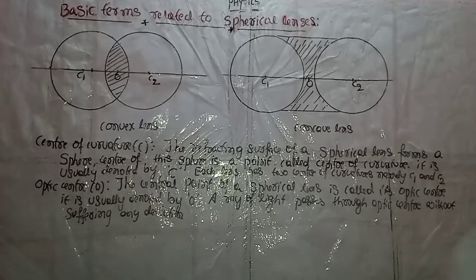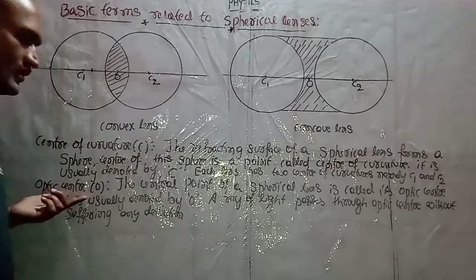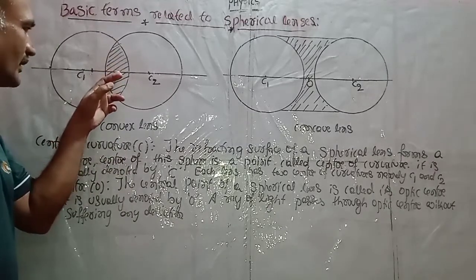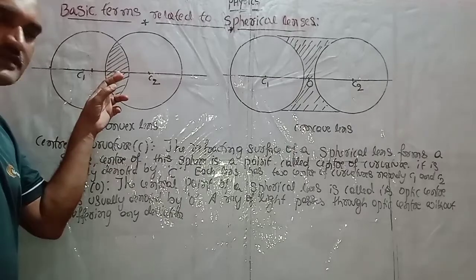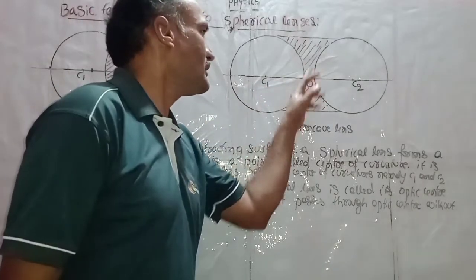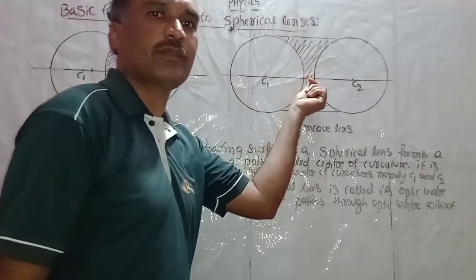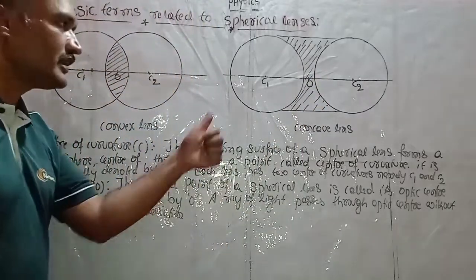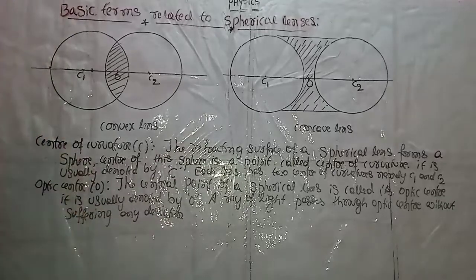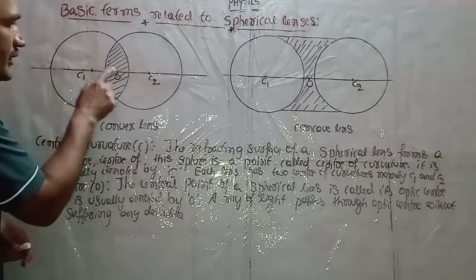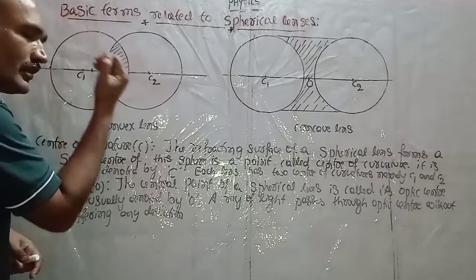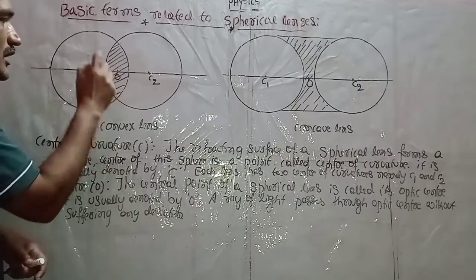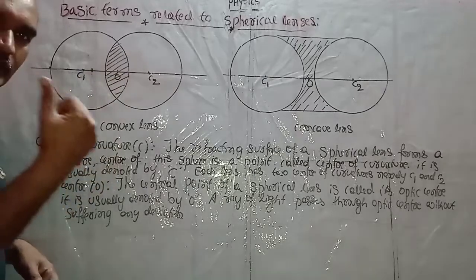Come to the second term, that is the optic center. Look at this lens. The central point of this lens is called the optic center. The central point of each lens is the optic center. It is one point, and it is usually denoted by the letter O. A ray of light that passes through the optic center travels without any deviation.